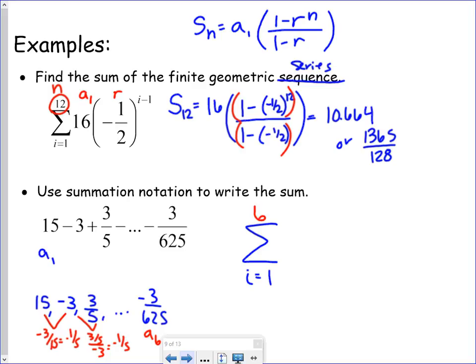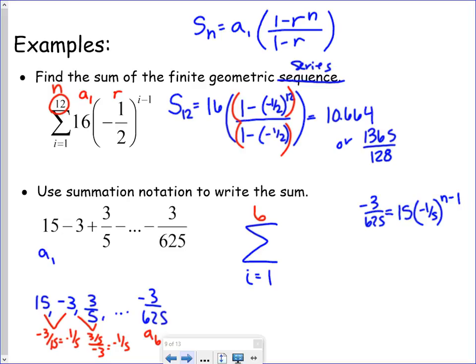Okay. Now, if that's too far out and you want to figure out what term that actually is, you could do -3/625 as your a sub n. You could write the rule, so we know our first term is 15, our ratio is -1/5, and we want to raise it to the n-1.